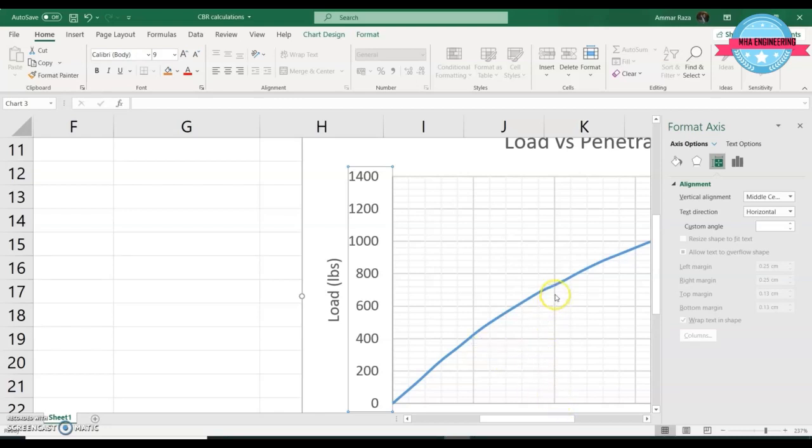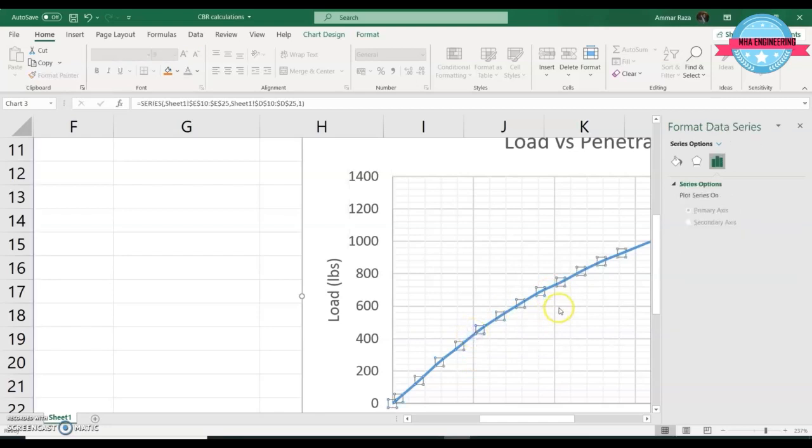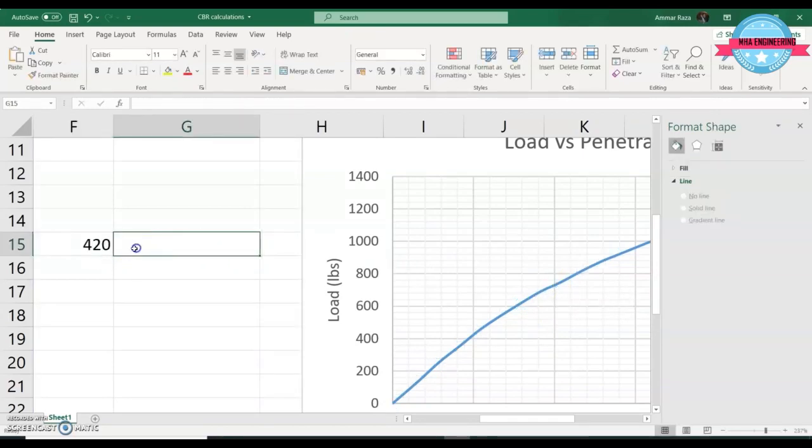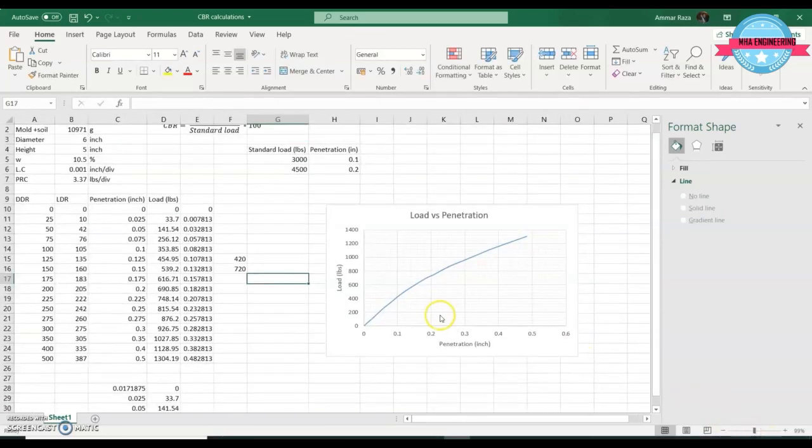And at 0.2 inches, sorry, it's 440 over here. And at this point, it is nearly 720. So 420 and 720. So these are our load values at 0.1 inch penetration and 0.2 inch penetration.